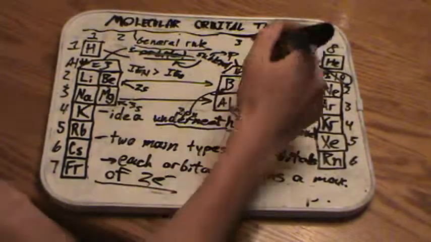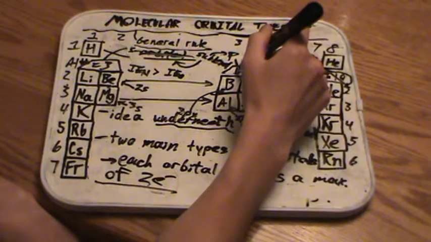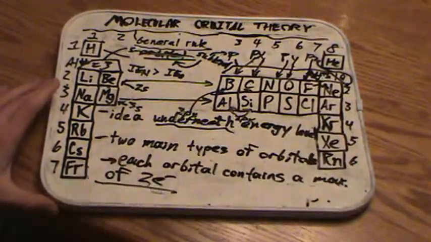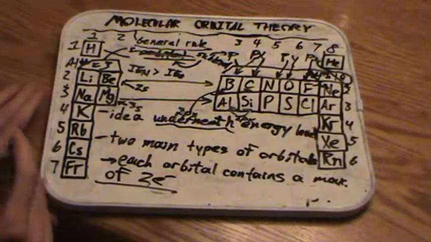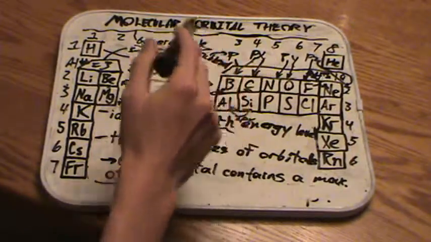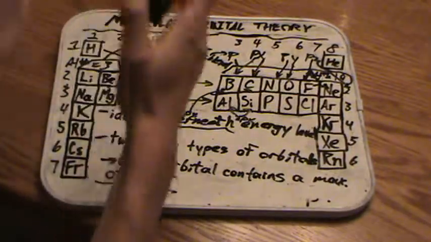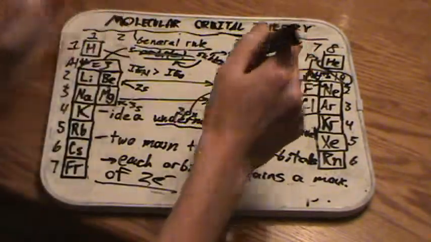And then we talked about how when you add these electrons, they pair together, how each orbital contains a maximum of 2 electrons, and how the electrons added in the different elements as you move through can be paired in these orbitals.